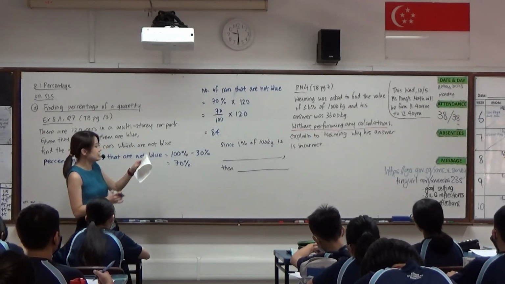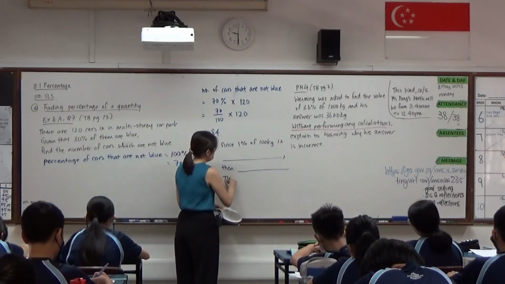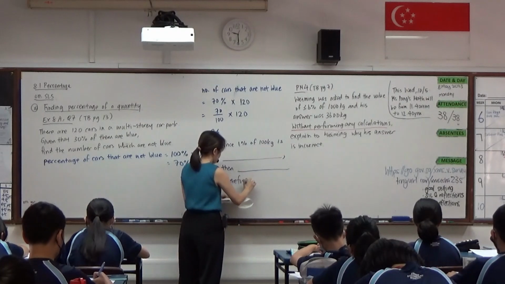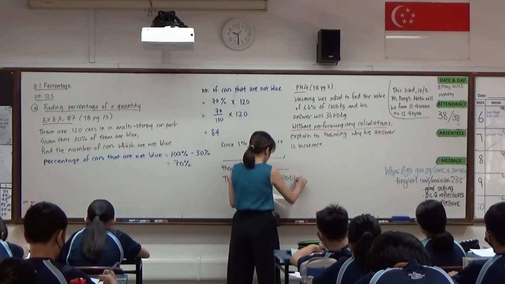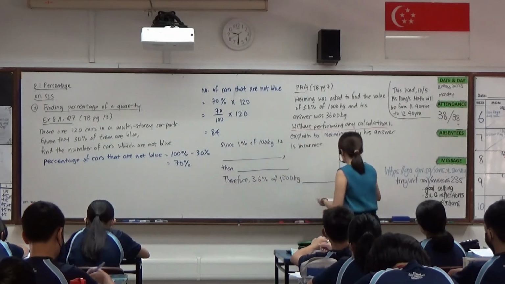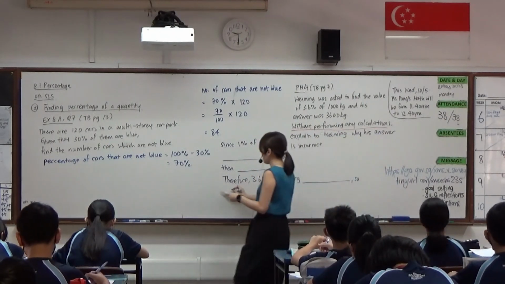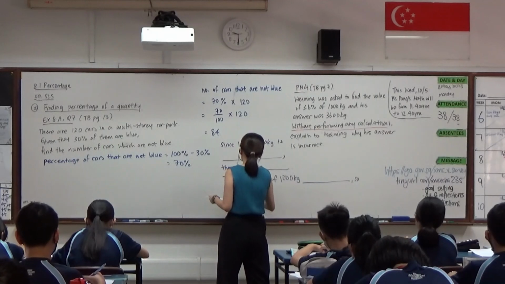Then after that it says, therefore 3.6% of 1000 kg is something, so 3,600 kg is incorrect.